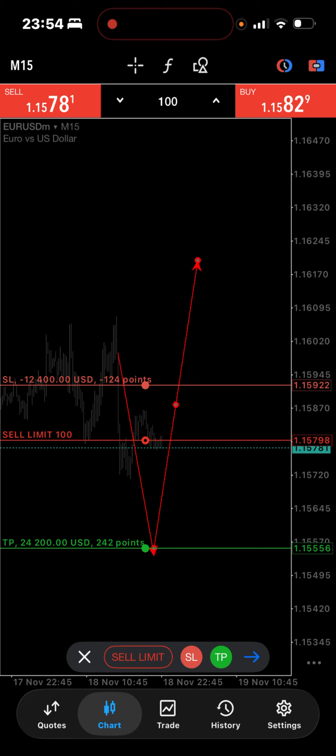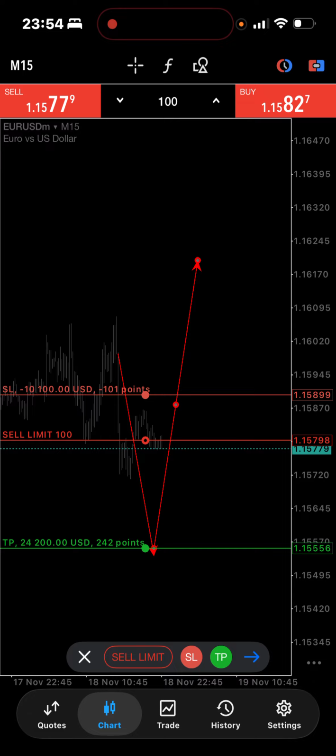So now, as I've said, you can see that your TP and SL lines are showing your potential profit of $24,000 and your potential loss. That is how you see what your TP and SL are going to be when you are entering at market price.